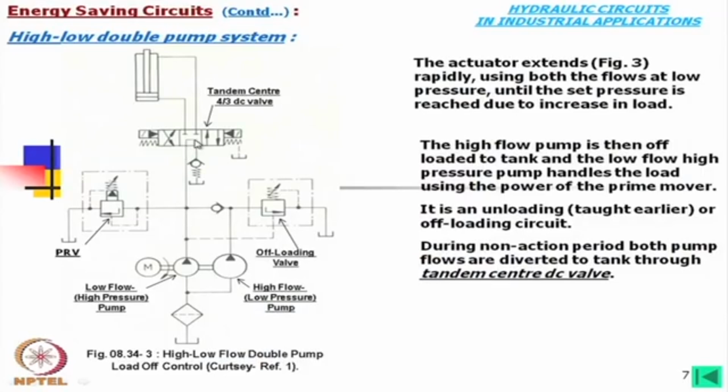Now, you may think that if we use, suppose it is a closed center, that means 4 ports are closed at neutral position. What will happen? In that case, say pressure will initially increase up to 5 megapascal, then say suppose this is blocked, and in that case this oil will go back to this tank here at 5 megapascal, this pump will be off, but unless the pressure is increased to 10 megapascal, this will not be blown.